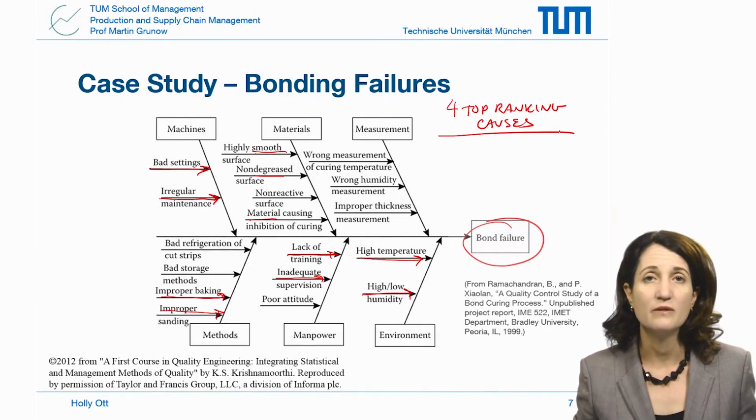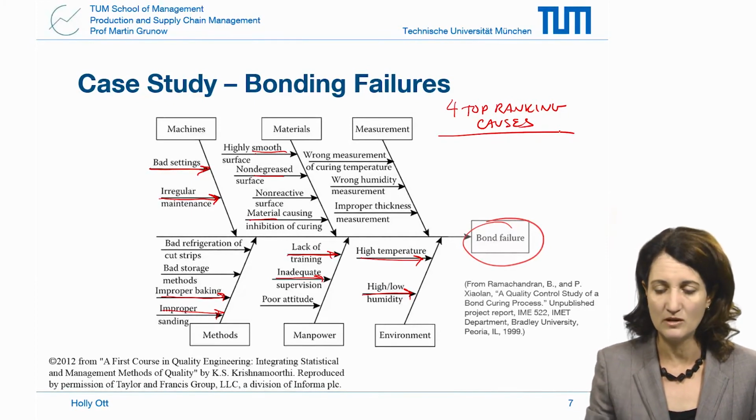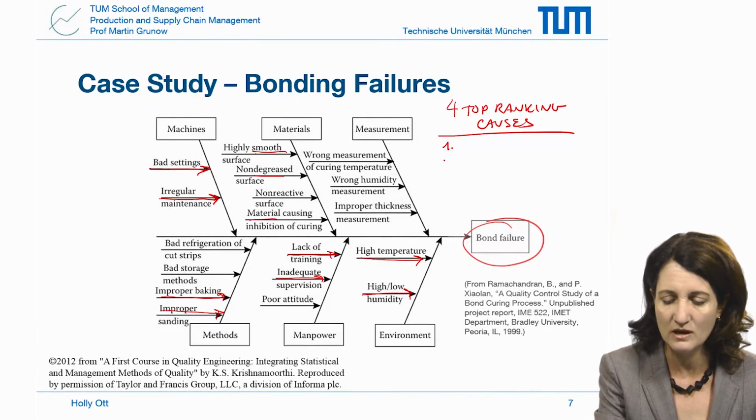So everybody would then pick the causes, and they would rank them like the number 1 cause, number 2 cause, number 3 cause, and number 4 cause.